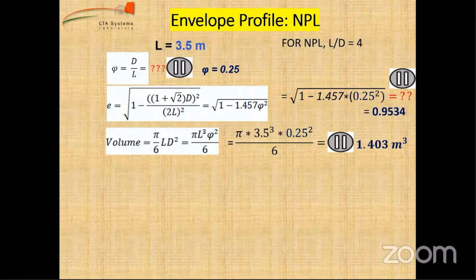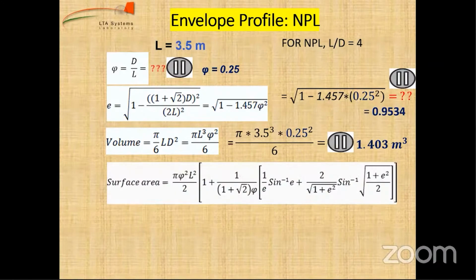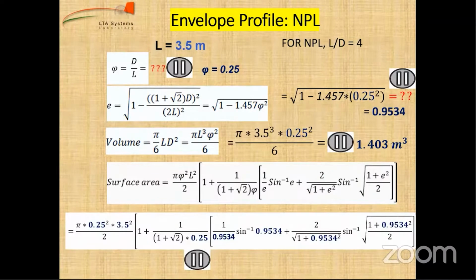So now keep this volume in mind, because volume is extremely important when it comes to lift. The net lift that you calculate comes as a result of the volume inside the envelope, correct? Yes, sir. So this volume is extremely important. Then comes surface area. This is a very nasty looking formula again, but I've made it pretty simple for you.